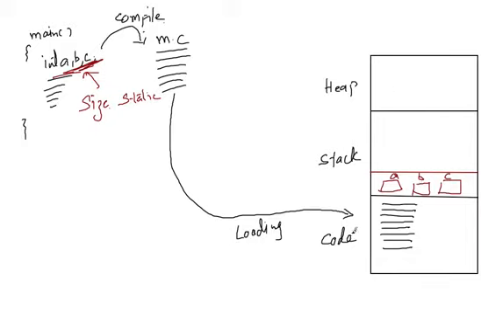Next, this program code can directly access the memory present inside the stack by using its addresses. As you know, every location has its address. Let us say the address of this location is 1000, this is 1002, this is 1004. The program can access these locations by directly using their addresses.